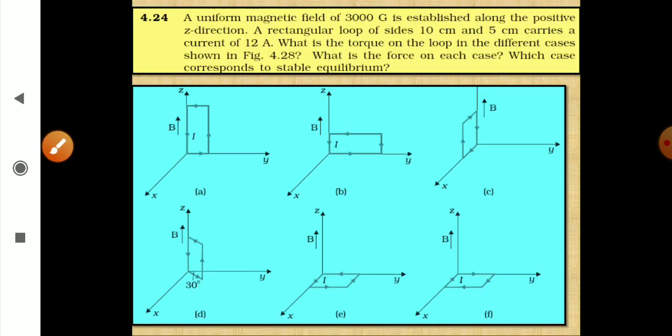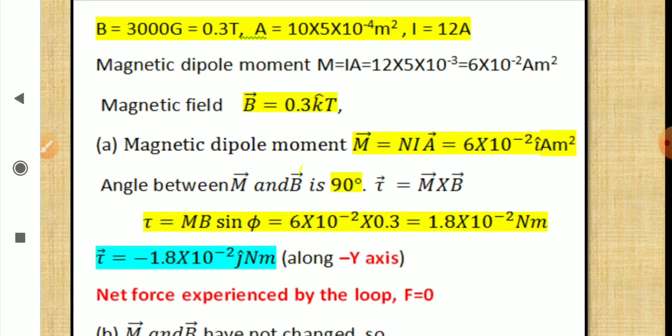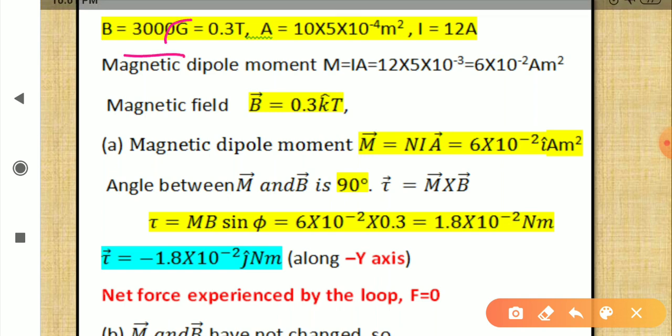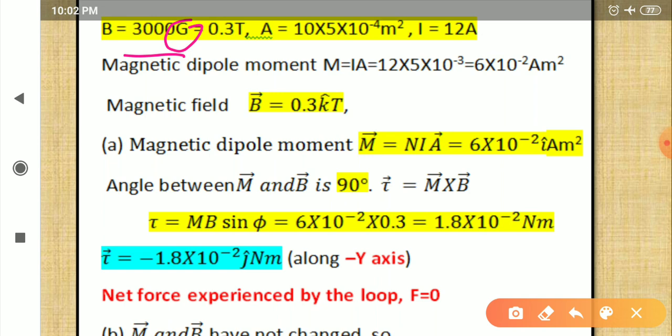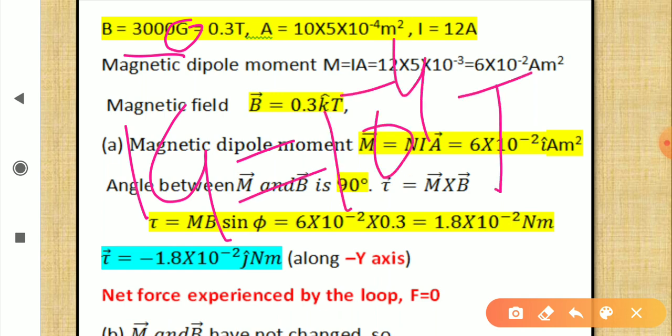Okay, so let us look at the solution now. The magnetic field is 3000 Gauss, and 1 Gauss is equal to 10 raised to the power minus 4 Tesla. So if I put this value here, you will get 0.3 Tesla.